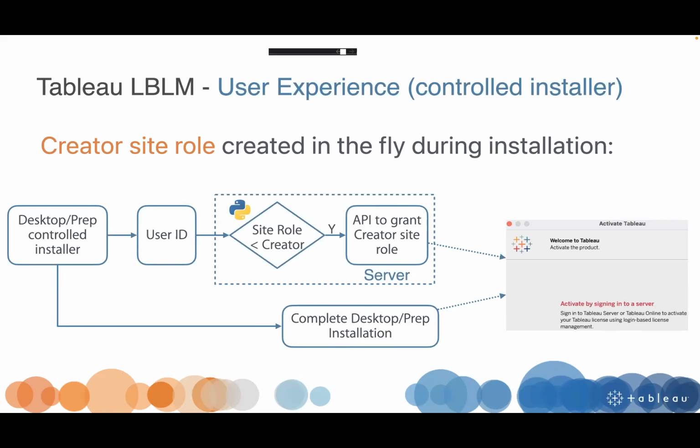When a user leaves the company, I change the site role of the user to unlicensed automatically. That conflicts with the minimum site role for the particular group. So I couldn't figure that out. There was a conflict in my situation.